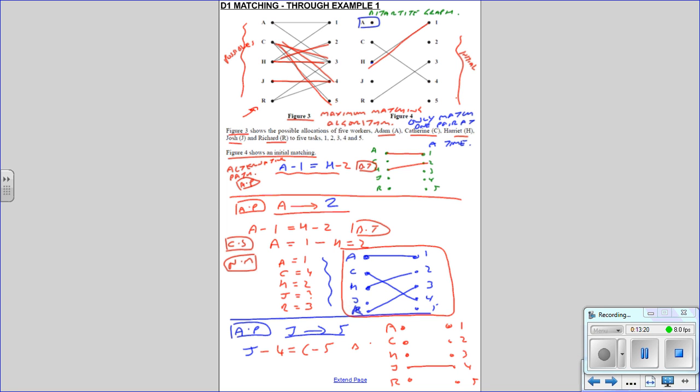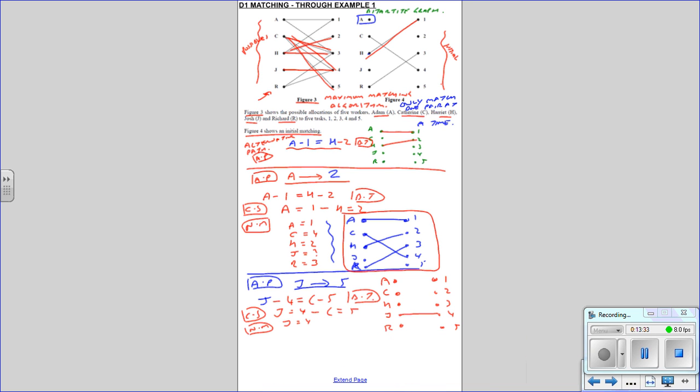So that's our breakthrough. So this is a really easy example. We're going to change our status. So J is now 4, C goes to 5, new matching, J equals 4, C equals 5, and A still is 1, C, as we've already written, was 5, H is still 2, and R is still 3. Done.